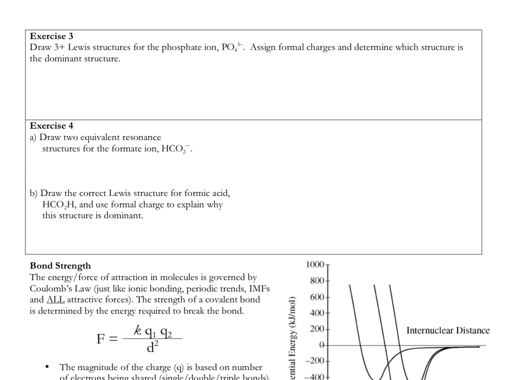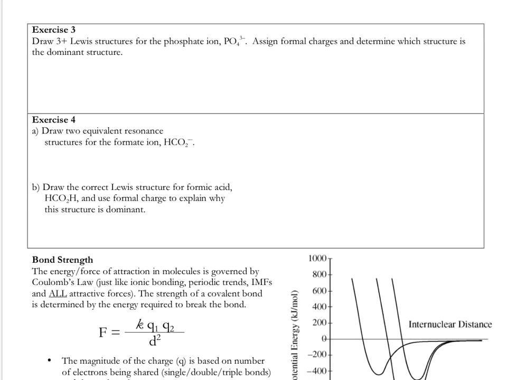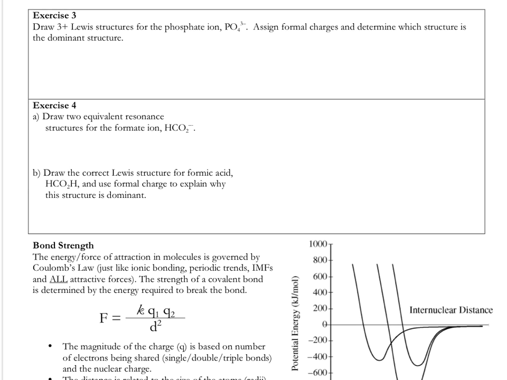So we're going to do 2 examples here at once. Some Lewis structures for the phosphate ion, look at formal charges and figure out which one is best, and then some things with formate. So phosphate, PO4, has 5 electrons from phosphorus. We've got 4 oxygens, each with 6. And because of the -3 charge, we have 3 extra electrons.